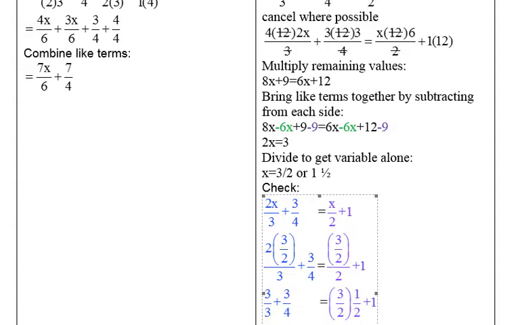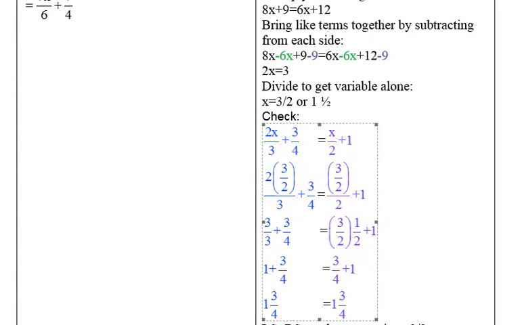For the other side, 3 halves divided by 2 is the same as 3 halves times 1 half. You'll notice I've color coded this because you could do all of the blue, figure out that answer, and then do all of the purple, figure out that answer. So here we can simplify. 3 over 3 is 1, and here we get 3/4.